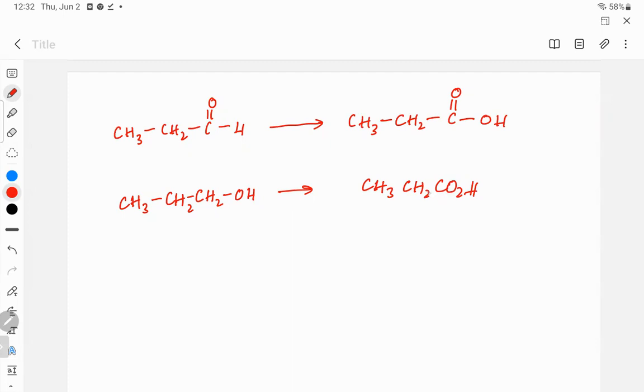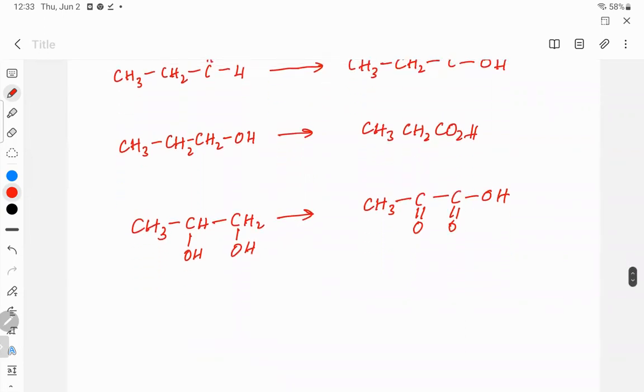And then we have propane-1,2-diol. So it is CH3CHOHCH2OH. And in this case, I'm going to get a molecule having a ketone functional group and a carboxylic acid functional group.